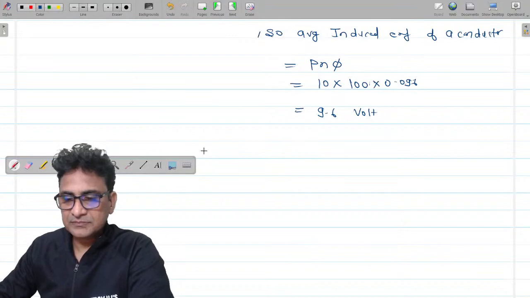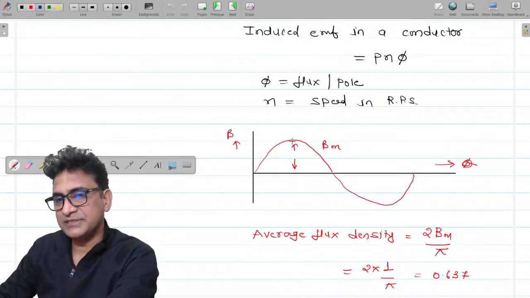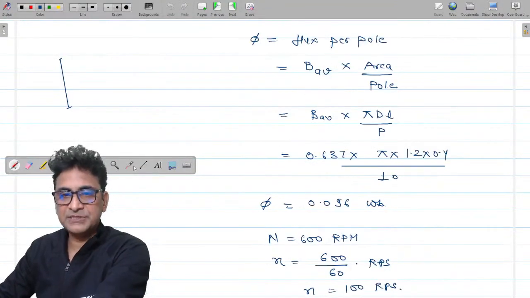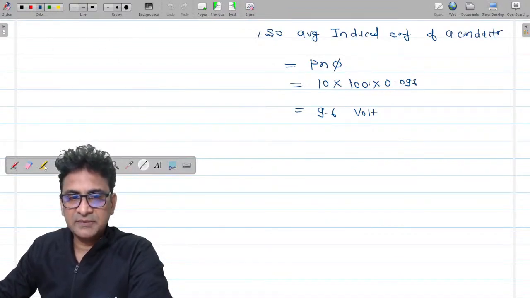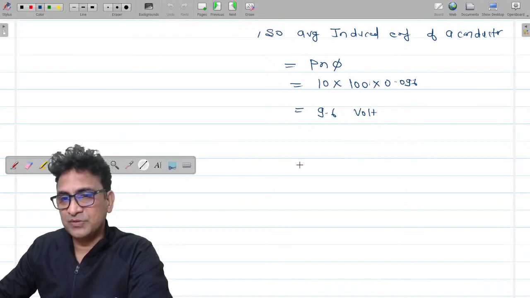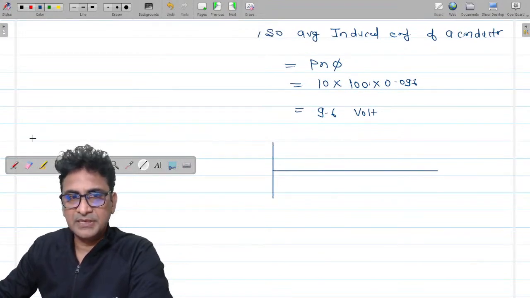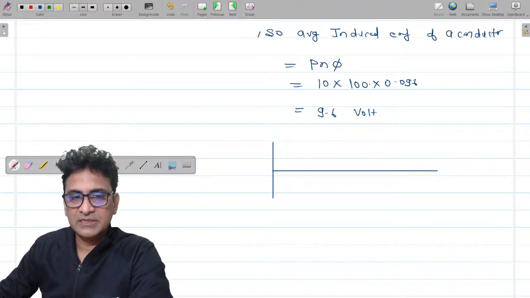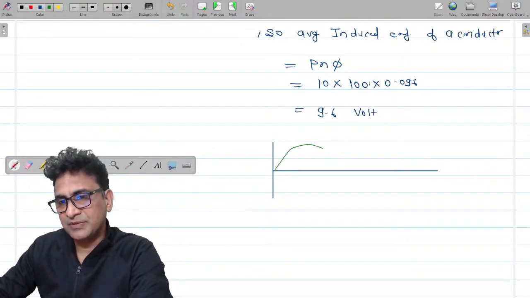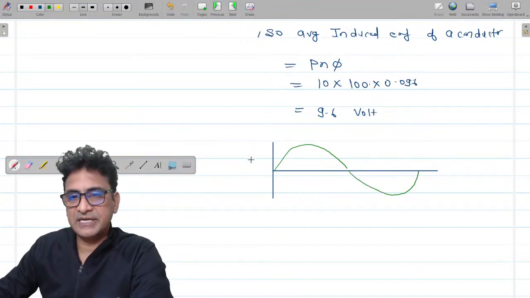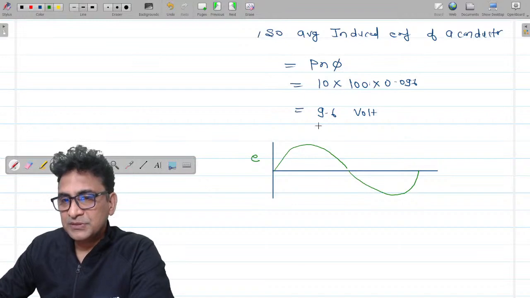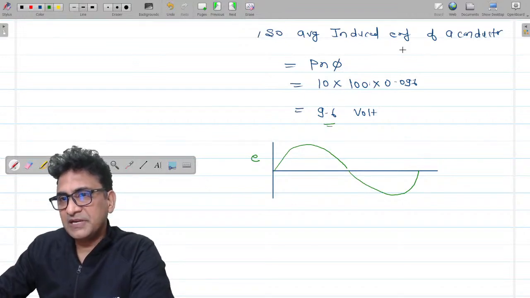But see, when the flux is sinusoidally distributed in the air gap, the induced EMF that will develop in the single conductor will be sinusoidal with respect to time. The induced EMF would also be sinusoidal with respect to time because the flux density is sinusoidally distributed. So we have just found out the average value of induced EMF.